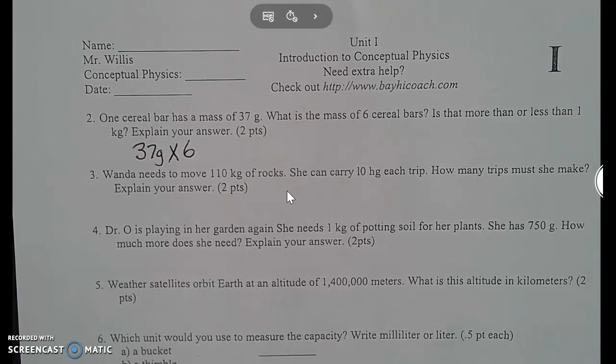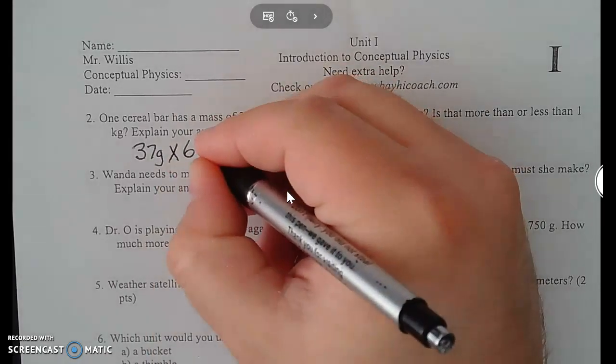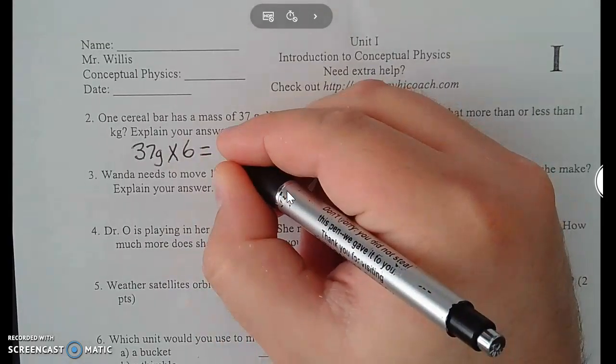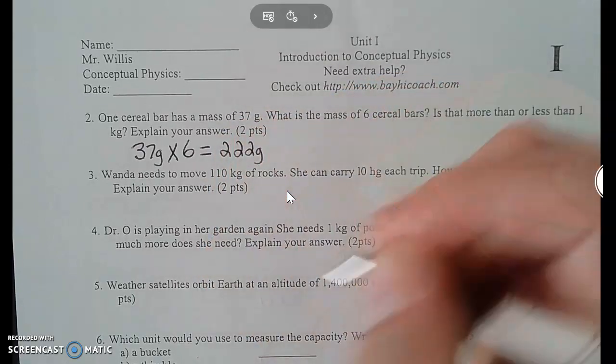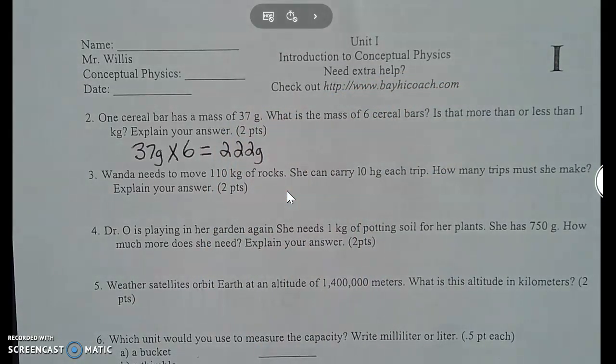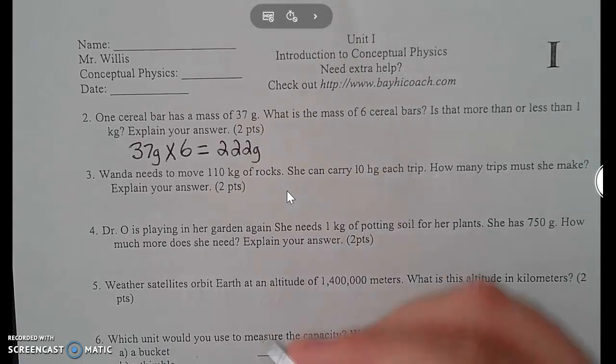And then if we do 6 times 30, that would give us 180. 180 plus 42, your answer should be 222 grams. Okay. So the mass of 6 cereal bars is 222 grams. What it wants to know is, is that more than or less than 1 kilogram? Explain your answer. Well, here we have our conversion now, right?